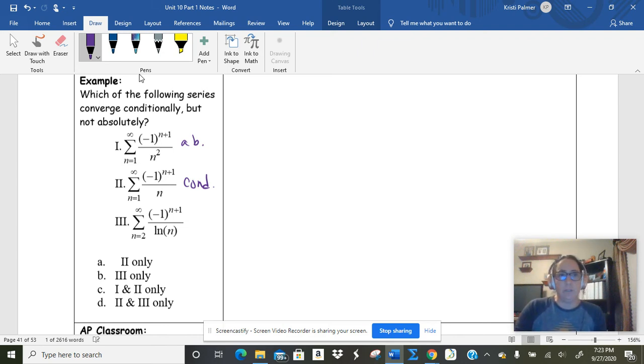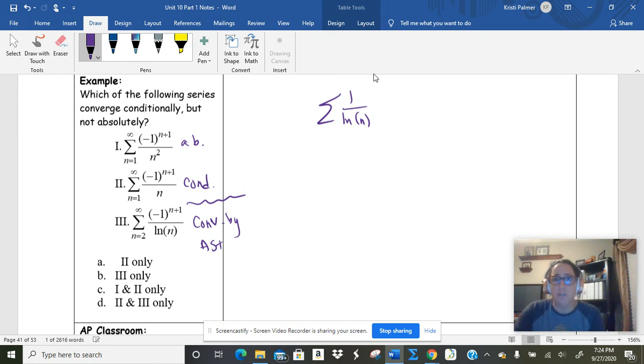So I'm going to say they do decrease in absolute value to 0. So I know that this converges by the alternating series test, okay? But I need to know what happens to the absolute value of it. So I'm going to do a limit comparison test, or you can do the direct comparison test.